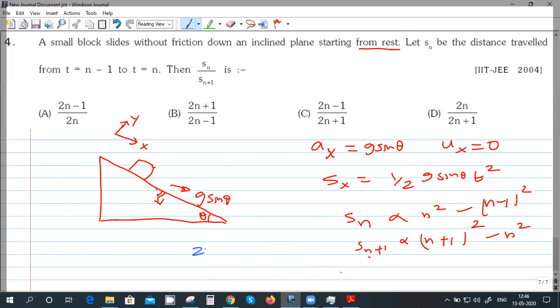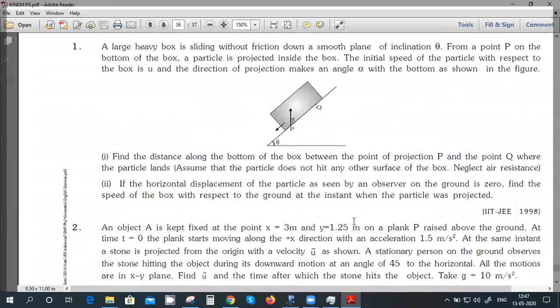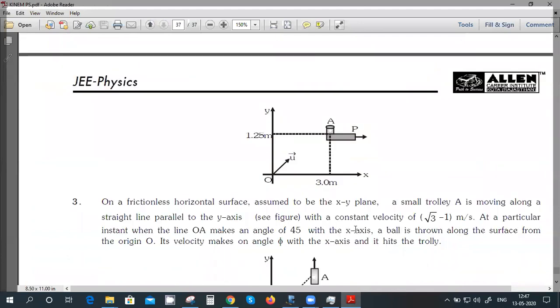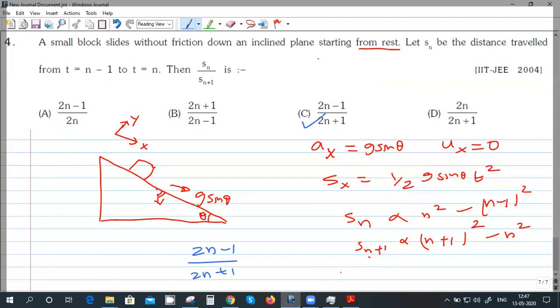Minus 2n will be plus 2n, plus 1 will become minus 1, divided by n square will cancel. 2n plus 1. Answer is C. Got it?